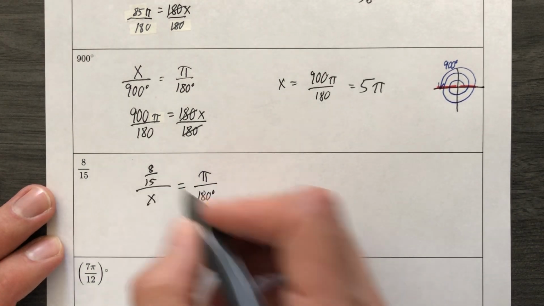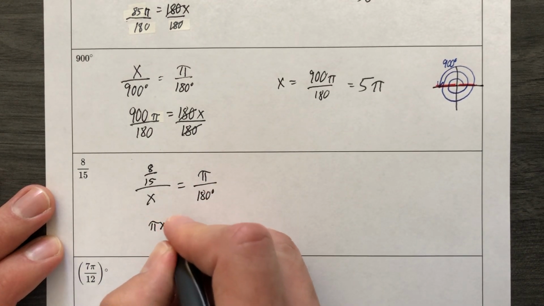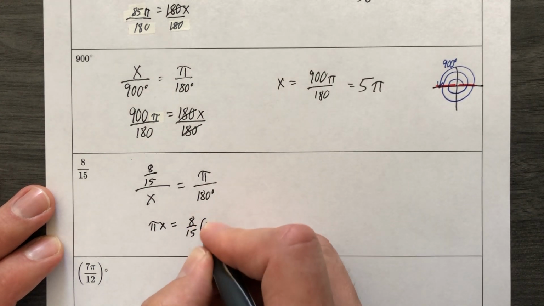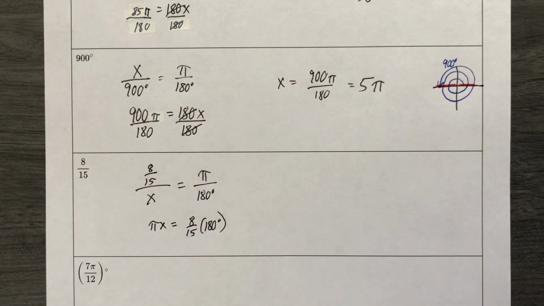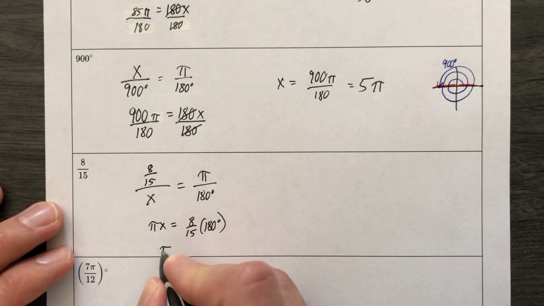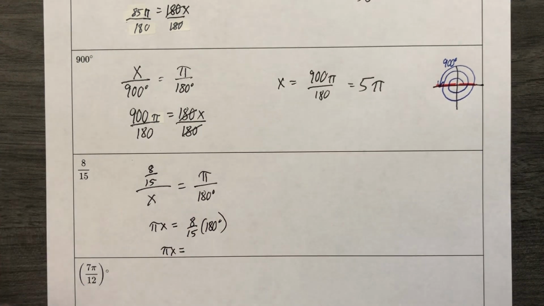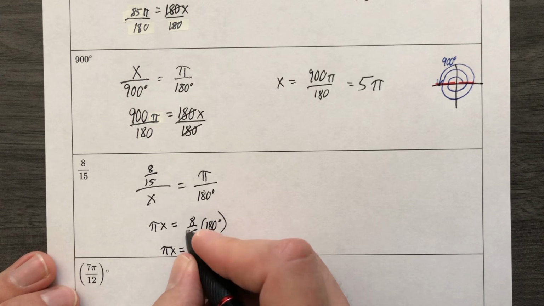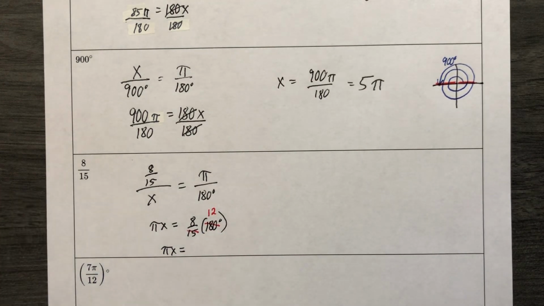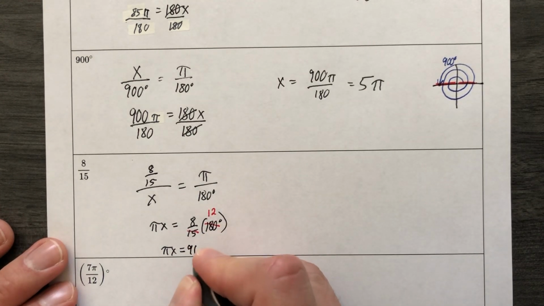So what we're going to do is cross multiply this one. We're going to have pi times x, and we'll multiply those as well. We're going to have 8 over 15 times 180 degrees, and 15 goes into 180, oh gosh, 12 times. So that's going to mean that I have pi times x equals, and if you want to reduce this the old-fashioned way, 15 goes into 180 12 times, and then 12 times 8 is 96.